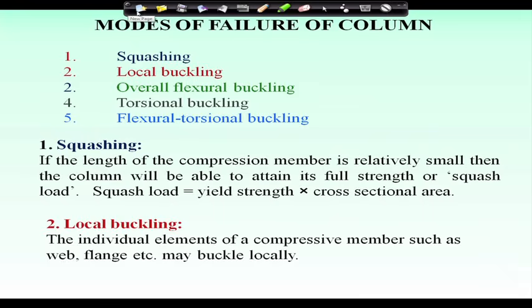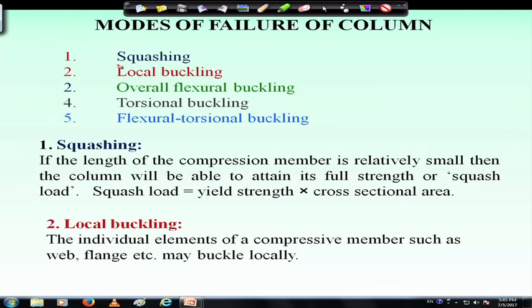Out of them, one is called squashing. Squashing happens when the length of the compression member is quite small compared to its transverse cross sectional dimension.